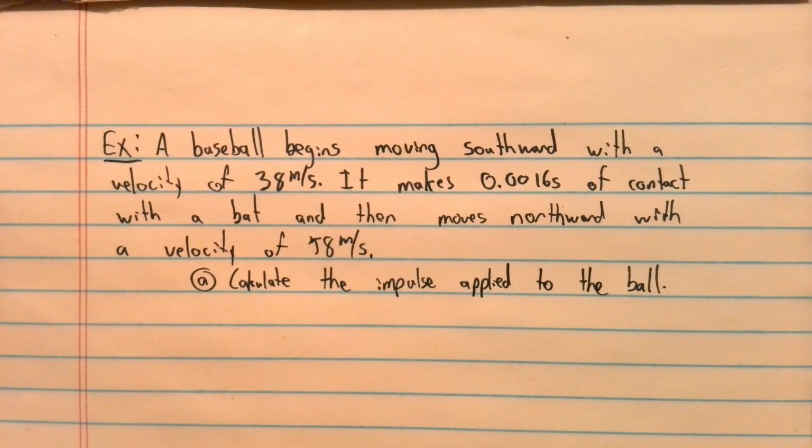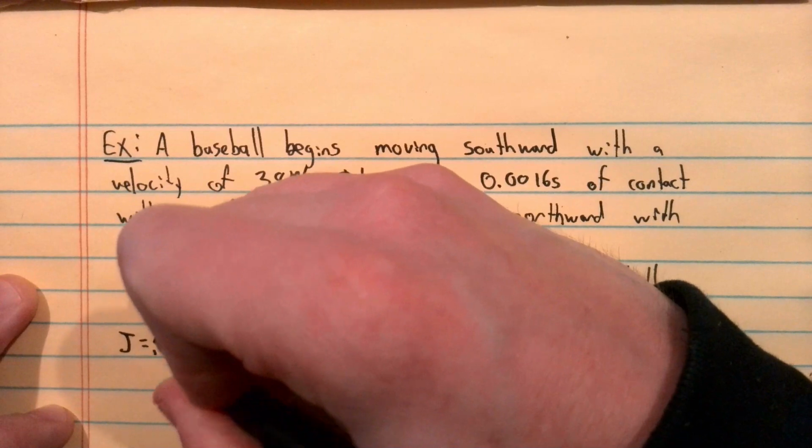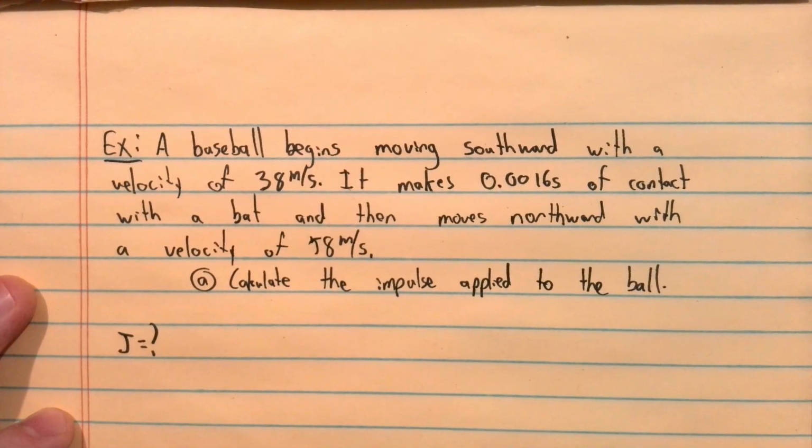Okay. A baseball begins moving southward with a velocity of 38. It makes 0.0016 seconds of contact with a bat and then moves northward with a velocity of 58 meters per second. Calculate the impulse applied to the ball. Quite easy to break down, I hope. We're looking for J. Notice I've dropped the harpoon because it's really not that important.